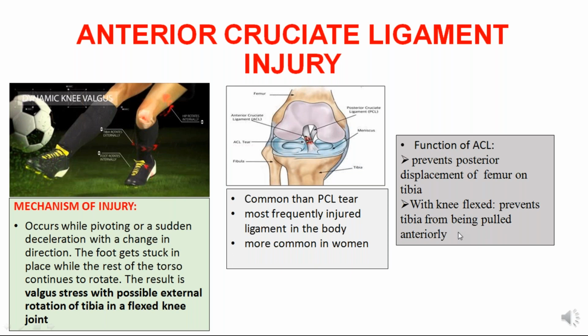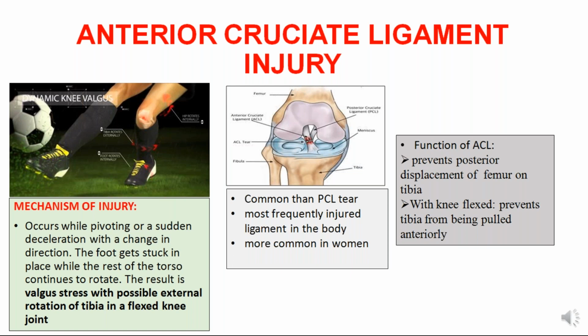So, keeping these functions in mind, now let's see the mechanism of injury for the anterior cruciate ligament, which is the most common ligament injured in our body, and among the posterior and the anterior, this is the commoner. The first picture shows a footballer, and you can see that his left knee joint is affected. Now let us see the pathophysiology of this anterior cruciate ligament injury.